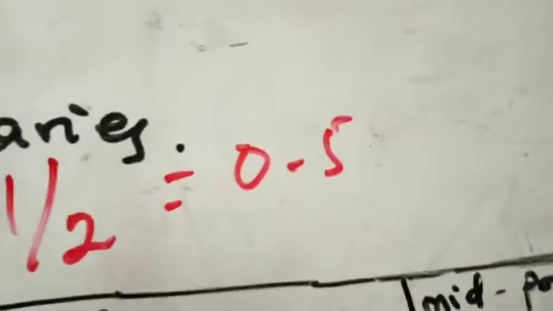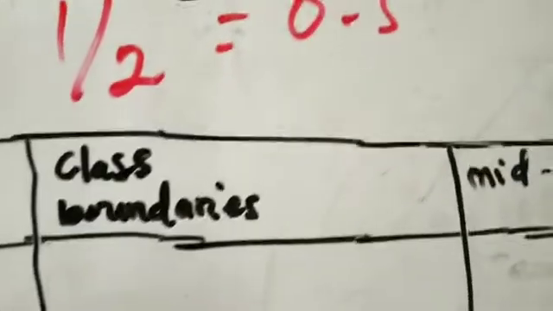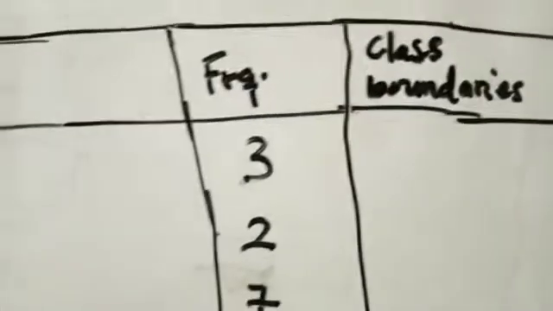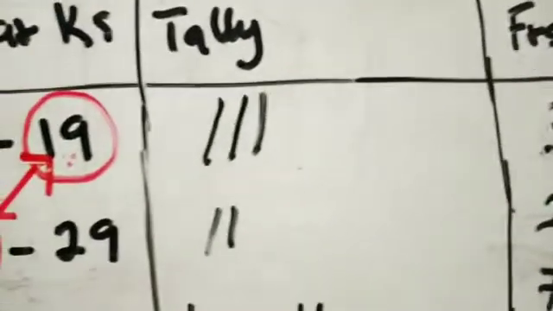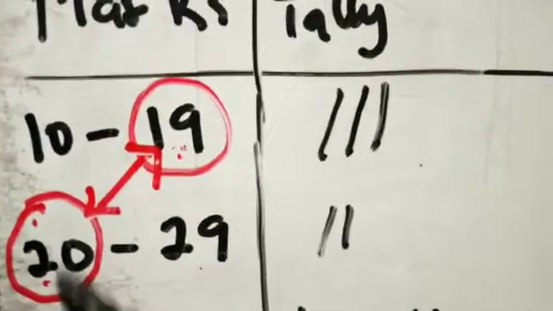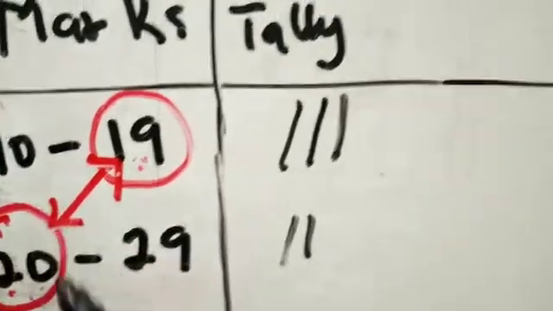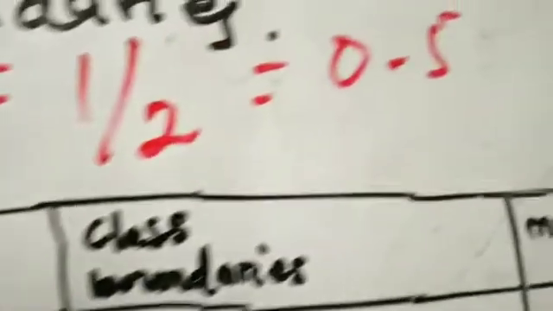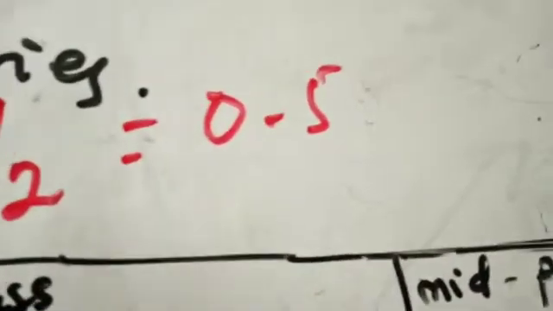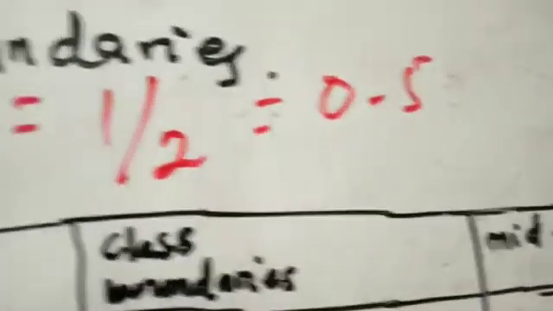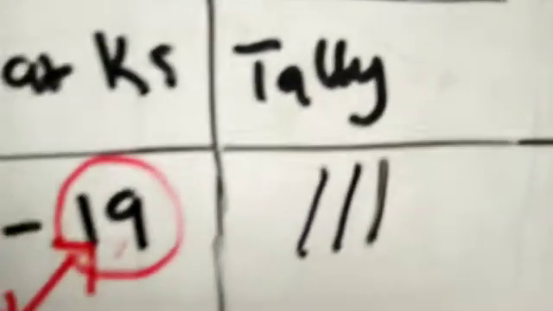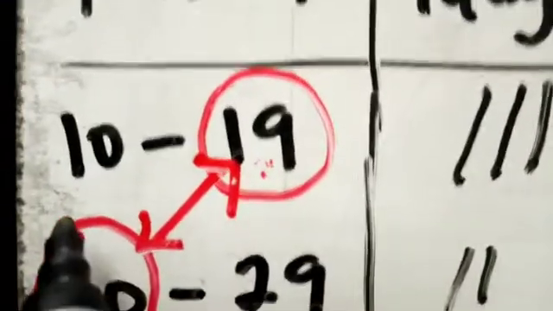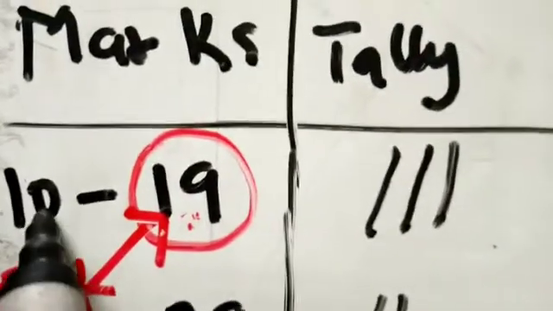What are you going to use this 0.5 to do in the class boundary? All you have to do is look at the range. The answer that you got here, in this case, is 0.5. You come to the first line and subtract your answer.